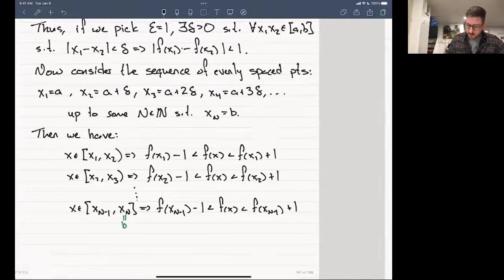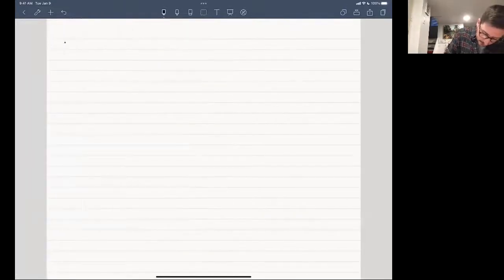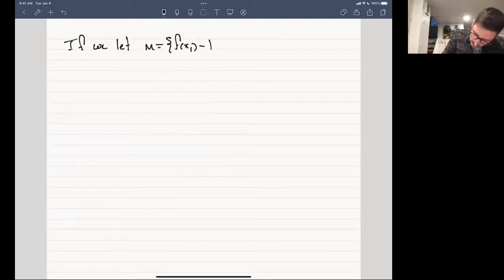But then this tells me that I can say, if we let little m equal the minimum of f of x1 minus 1, f of x2 minus 1, all the way up to f of x sub N minus 1 minus 1.